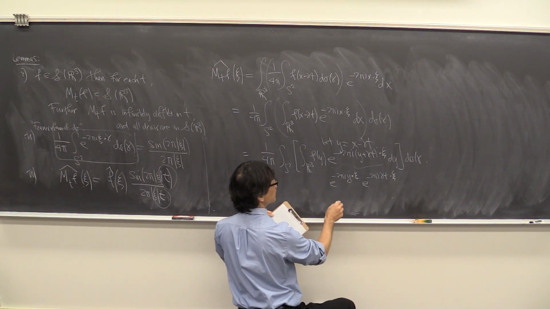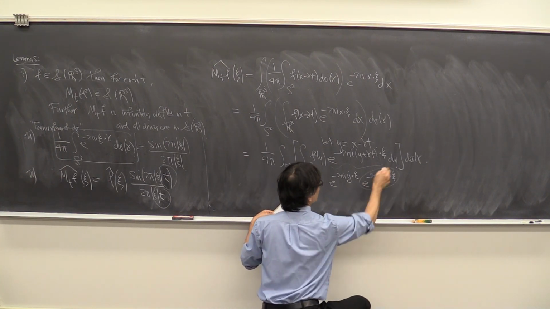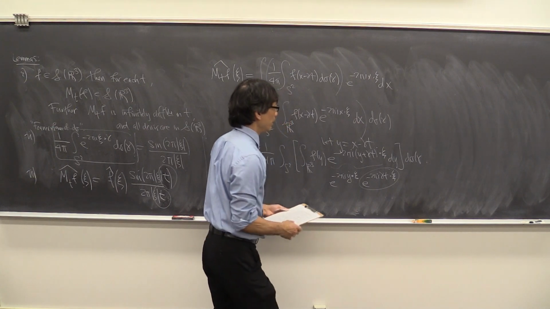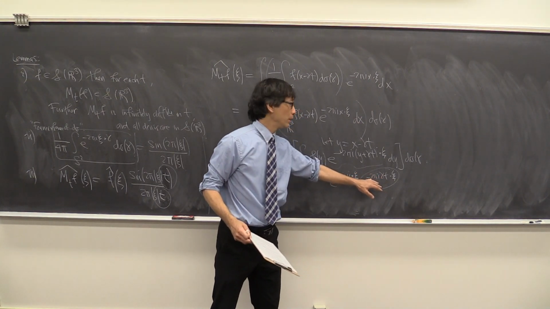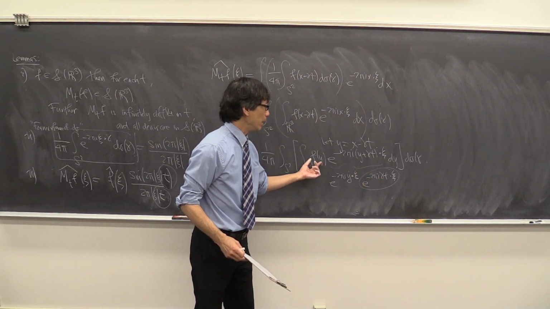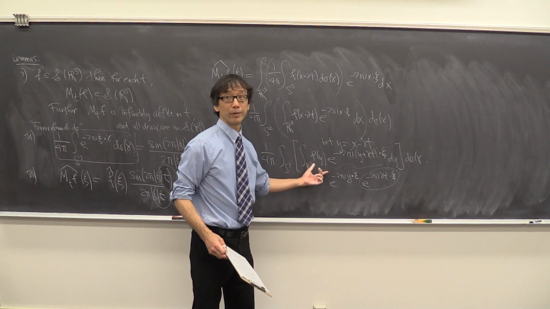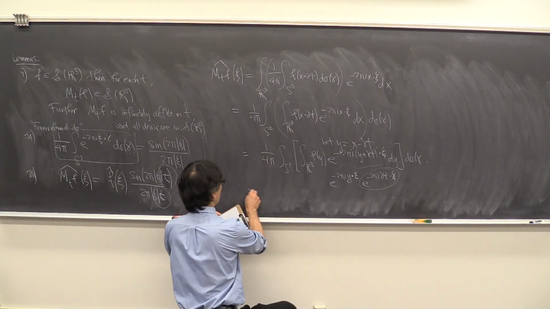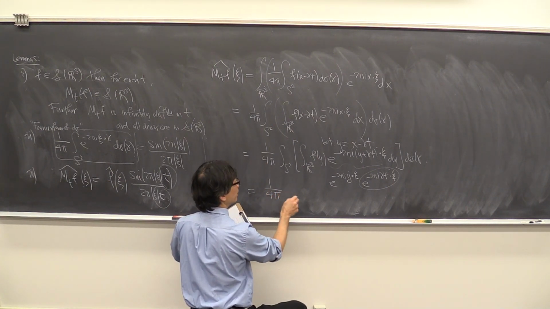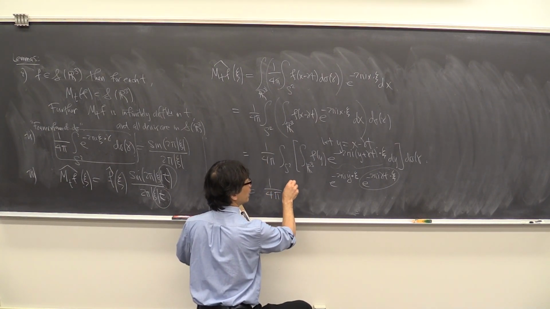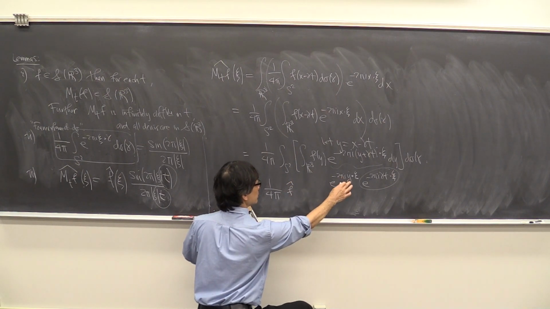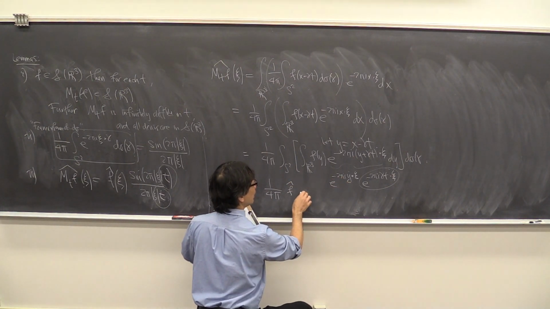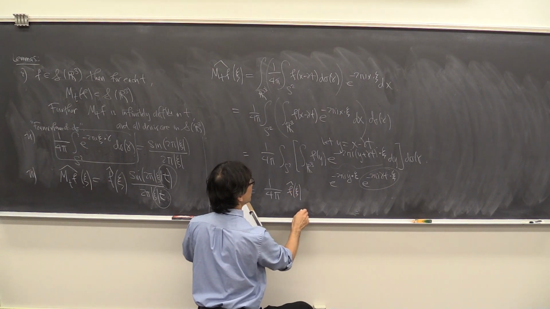And we pull this term out of the integral, and that leaves us with the Fourier transform of f. So you end up with 1 over 4 pi, Fourier transform of f at c.